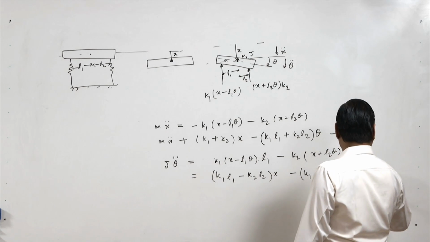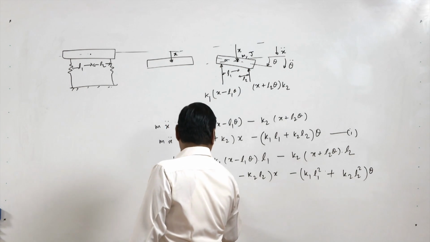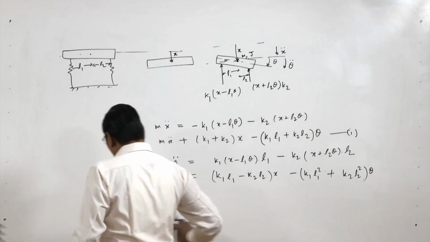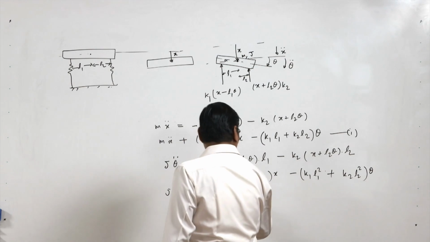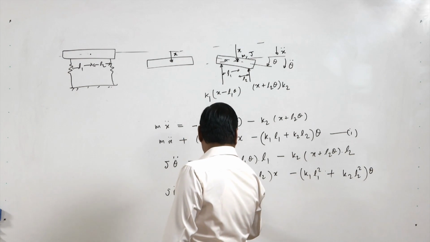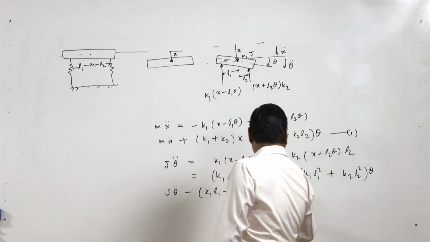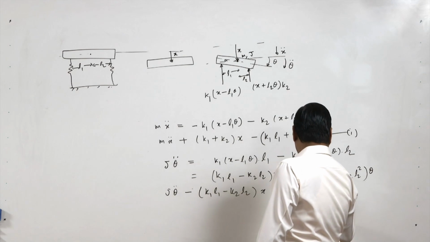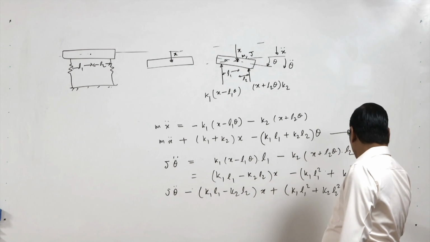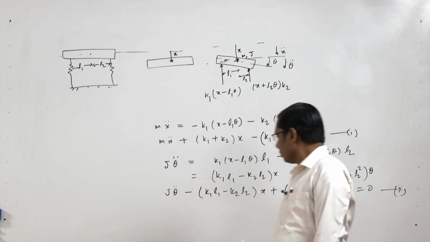So J theta double dot, minus K1 L1 minus K2 L2 x plus K1 L1 square plus K2 L2 square theta equal to 0. So this is equation number 2.